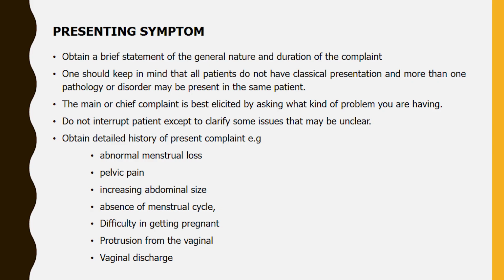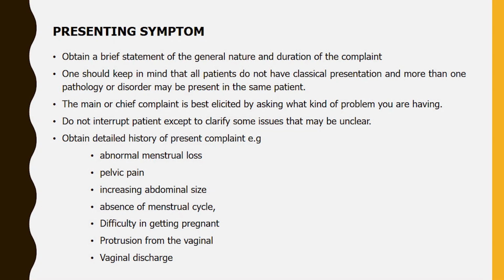At this point, one needs to know that women may come with a variety of symptoms. Some of them will come with back pain, some things going around my body, my backache, and what have you. But what you need to do is establish what you call the chief complaint.